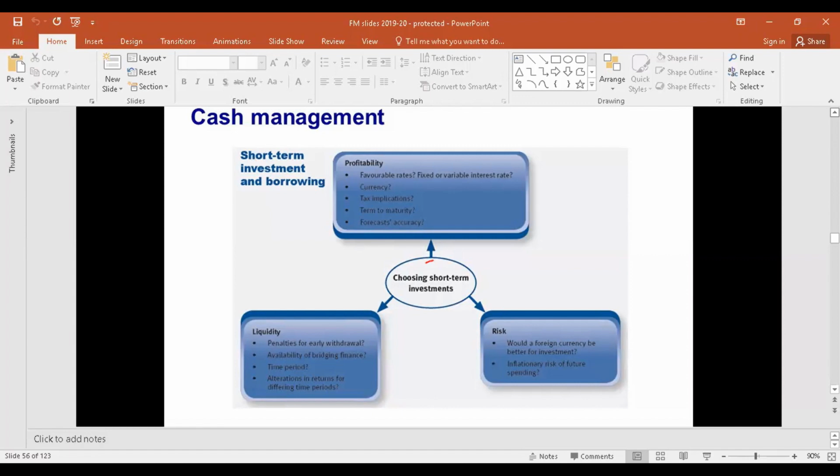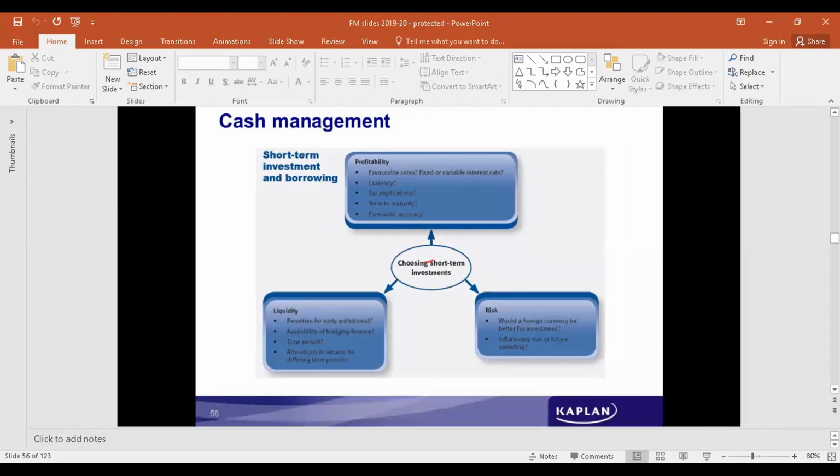They should also be able to convert it into cash. Liquidity is another aspect, plus what is the amount of risk present with this particular investment opportunity.